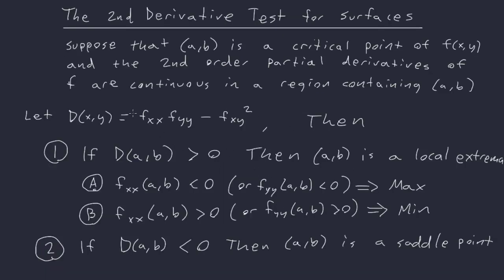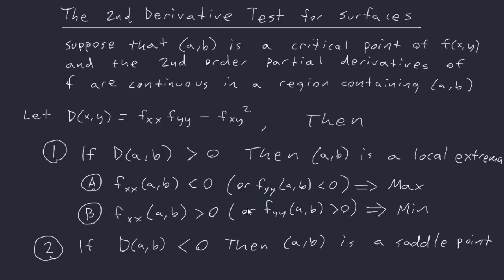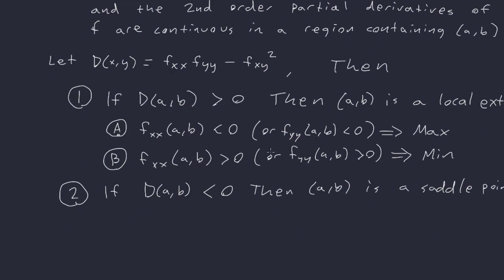So this is quite a bit to take in, but let's suppose that (a, b) is a critical point of f(x, y), and the second order partial derivatives of f are continuous in a region containing (a, b). So basically, we have a critical point, and all the partial derivatives and second order derivatives are nice and continuous. Now, here's the important part.